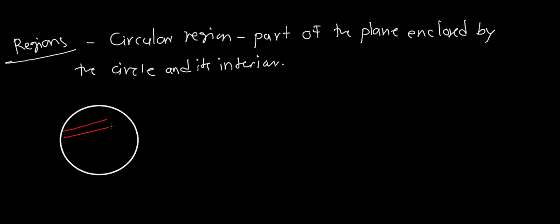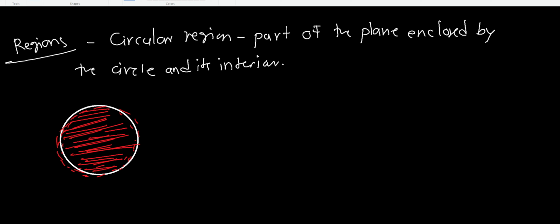So first this is the interior, and the circle means the boundary of the circle. So the part of the plane, this black canvas, enclosed by the interior of the circle and this boundary of the circle, which is also known as the circumference of the circle.